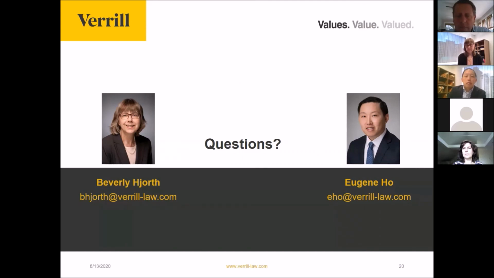The first question: are there drawbacks to formation only in the home state, other than Delaware, where the primary office is located? Good question. It will depend on the state, because as I said before, there's no federal U.S. corporate law. Every state has its own statutes governing formation and governance of U.S. corporations.